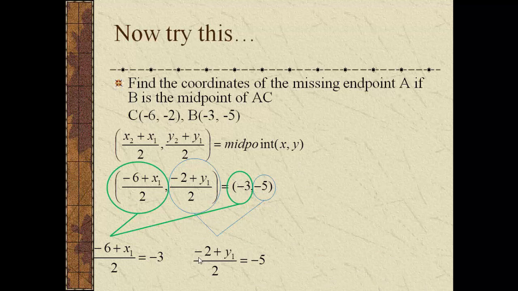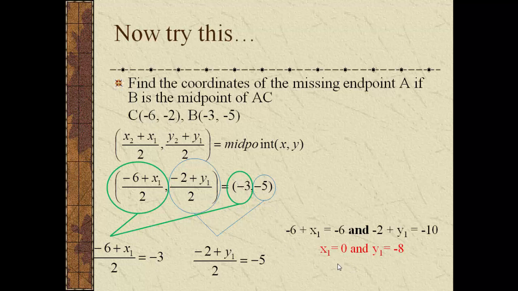If I add together -2 plus y1 and divide by 2, it's going to give me -5. Now I just need to solve both of these equations, and that will give me my answer for x1 and y1. So for each equation, we need to multiply by 2 to get that 2 out of the denominator. So I have -6 plus x1 is equal to -6, and -2 plus y1 is equal to -10. Then I need to solve for x1 and y1.